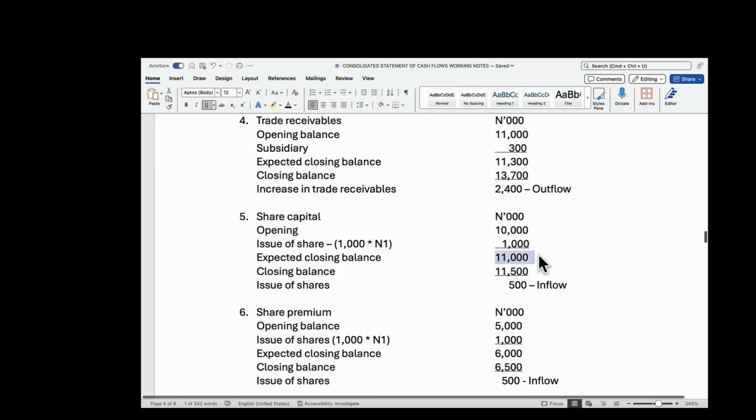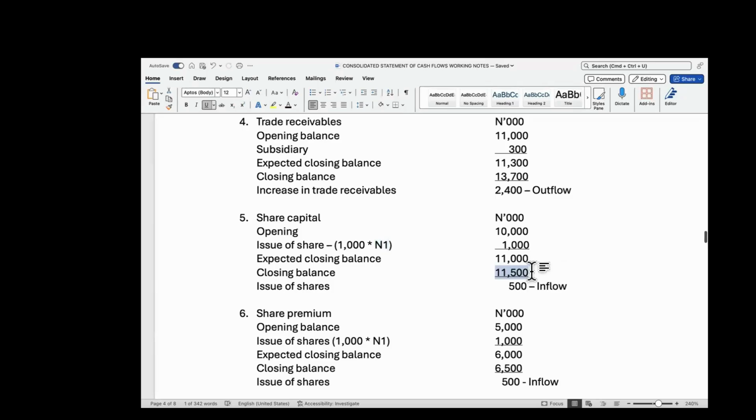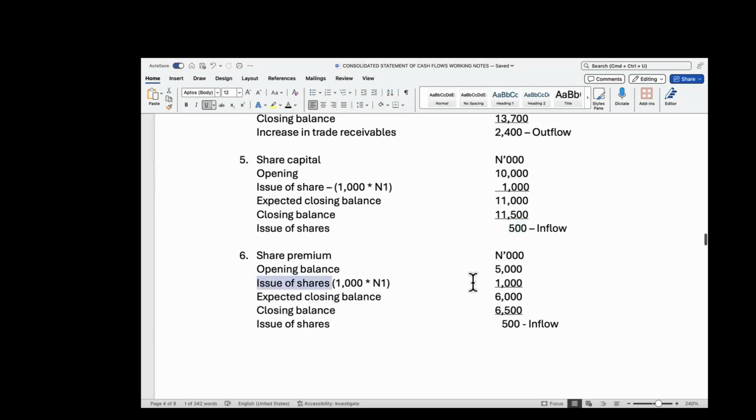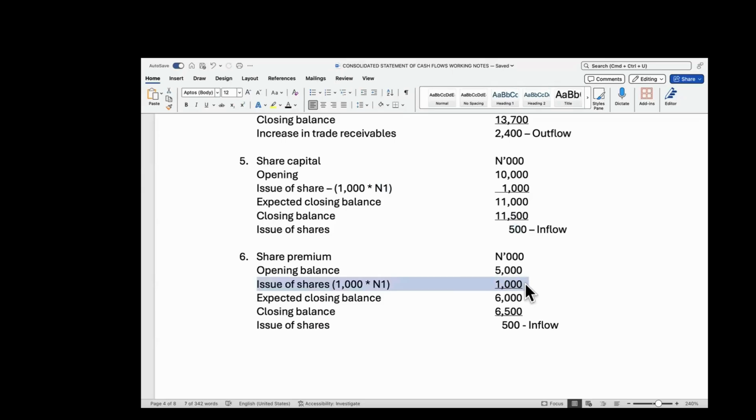Then the expected closing is 11,000, but we saw that the closing balance was actually 11,500, showing that there is an inflow of 500. So the issue of shares is just the fact that they told me there was an issue of shares at 2 naira.